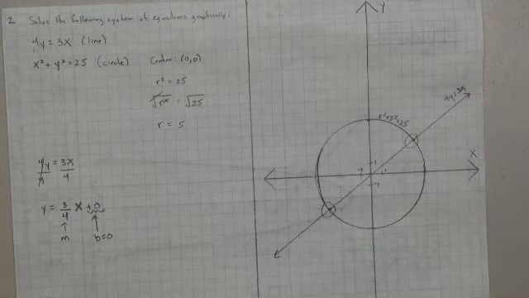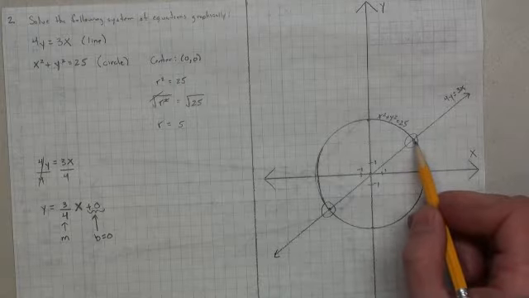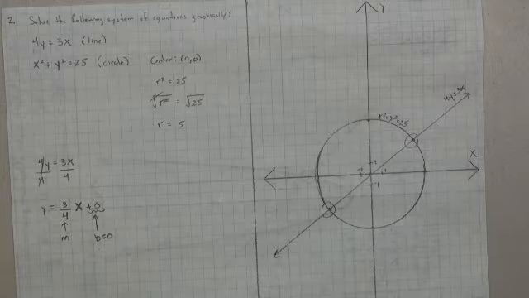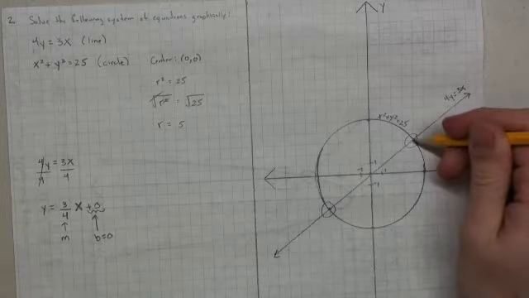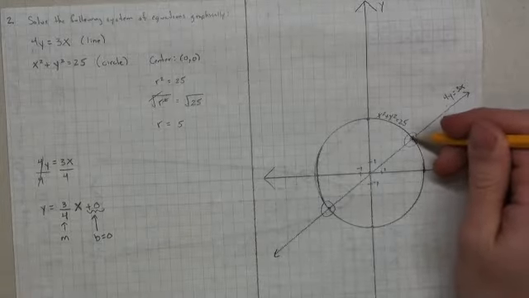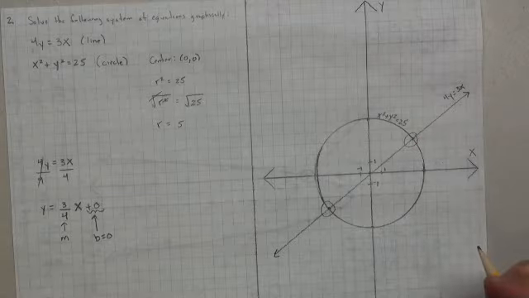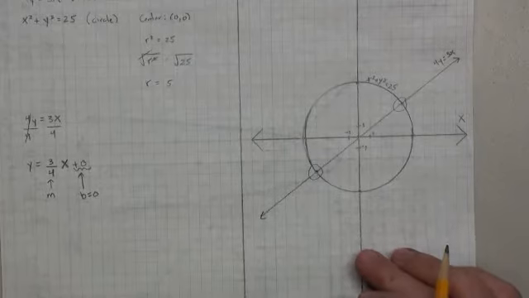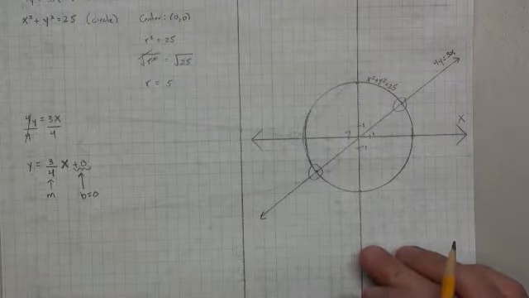Now, it looks like those points cross right at this point here, alright? It looks like they cross right where those two lines meet, but that's not necessarily true. Okay? We might not be able to actually identify those points.